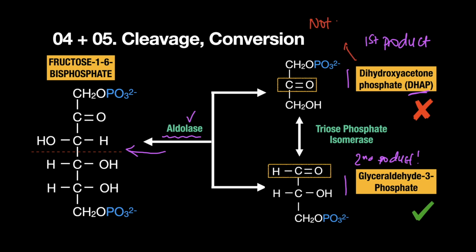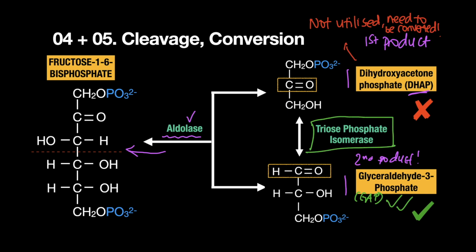So does that mean that dihydroxyacetone phosphate, or DAP, is rendered useless? Well, not exactly. DAP can be converted to glyceraldehyde 3-phosphate with the help of this enzyme known as triose phosphate isomerase.